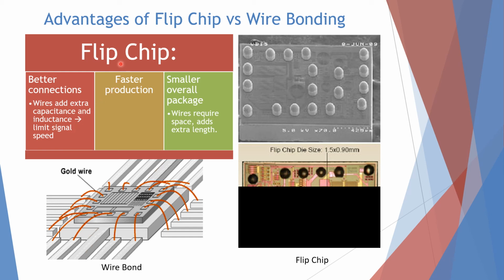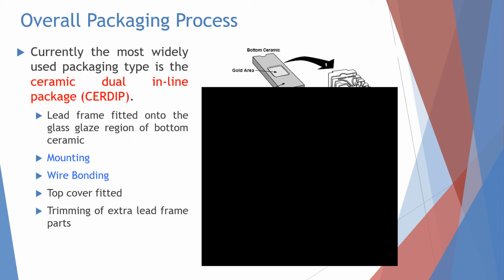But for the flip chip, it can be faster production and also a smaller package, meaning we don't really need a big area compared to wire bonding. Wire will require space for extra length, and therefore we need a bigger area for the chip.